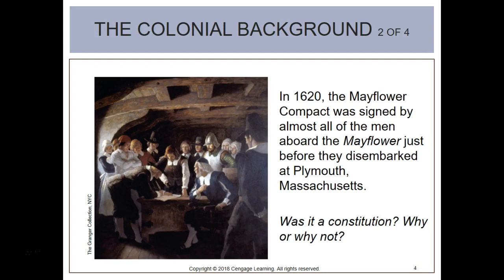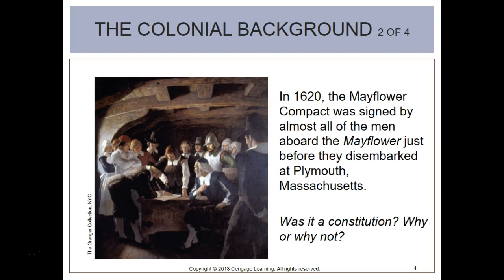The Separatists basically thought the Church of England was crooked, or they wanted people to buy their way into heaven and to give to the church so that they could be saved, all those types of things. And again, this is not a religion class or a history class. Those are some things that if you want to look at, I encourage you to do that. But basically, what happened was they came over around 1600, and in 1620, the Mayflower Compact was signed.